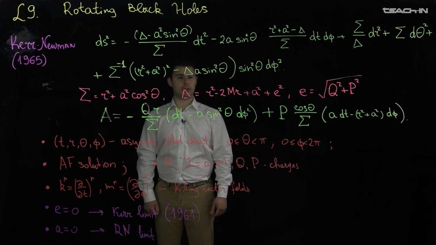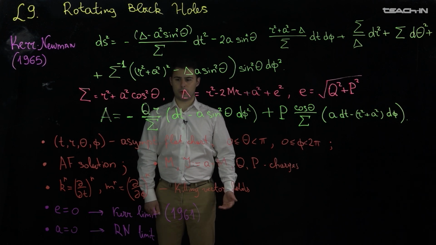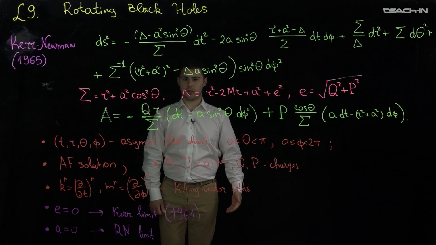So if you take the limit e equals 0, that is q and p go to 0, we will recover the Kerr limit. If we kill the rotation, that is set the angular momentum to 0, we will get the Reissner-Nordstrom solution. To study the structure in more detail, I suggest limiting ourselves to the Kerr black hole.